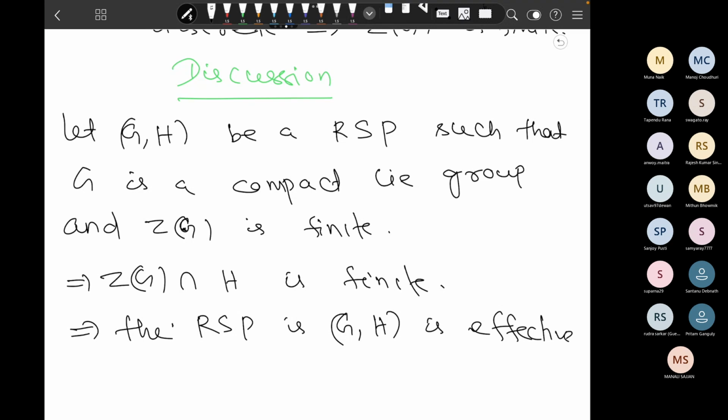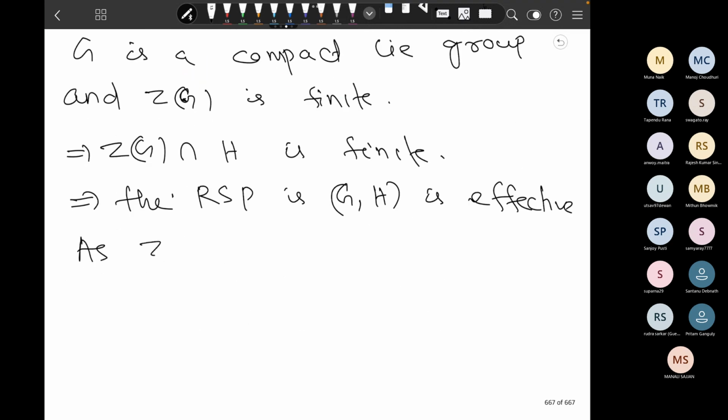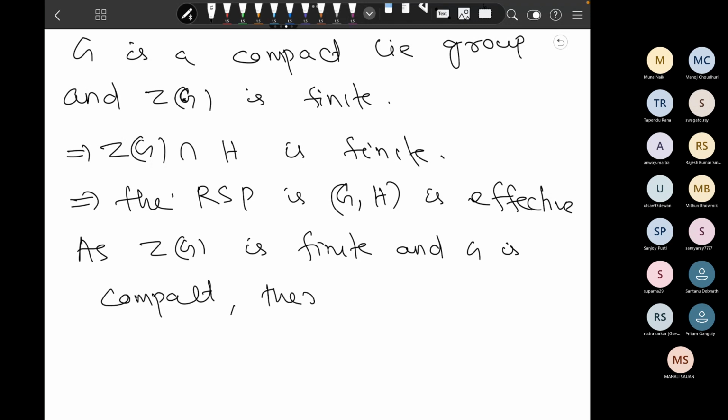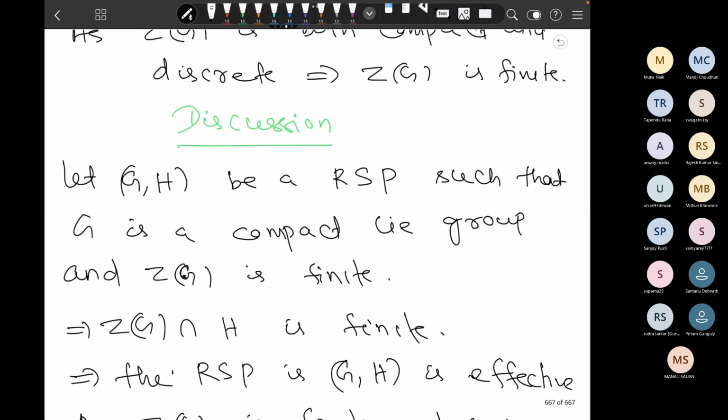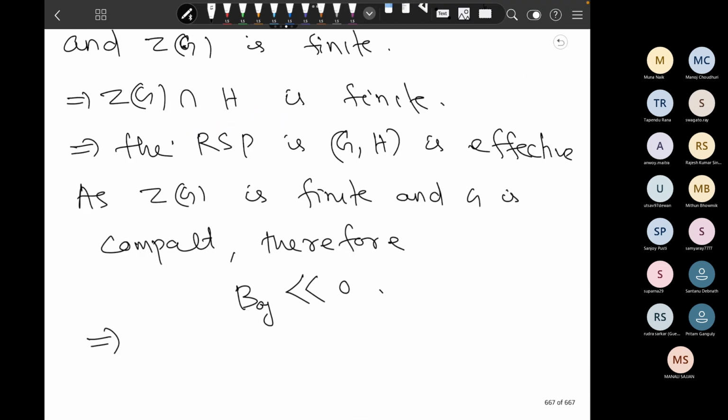Okay. Now as ZG is finite and G is compact, therefore the Killing form BG is negative definite, right? And if you have followed my previous lecture, this is precisely an equivalent condition for a Riemannian symmetric pair of compact type.